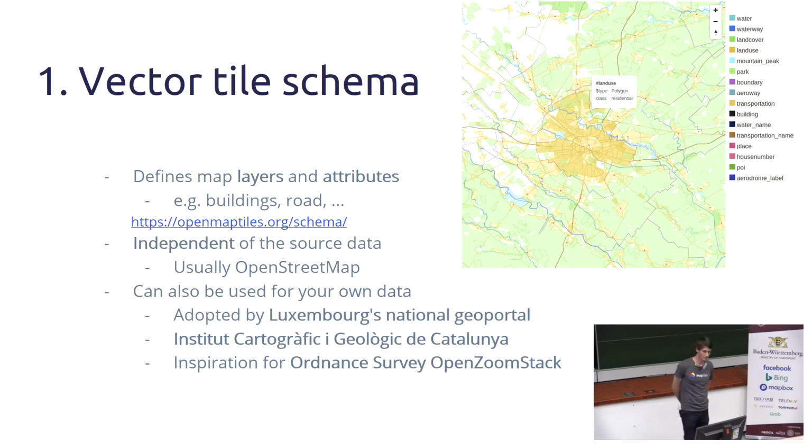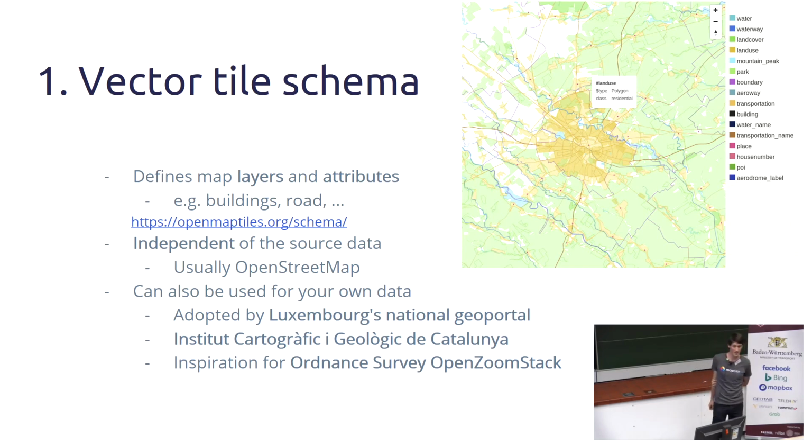How is it made? First, there is this vector tile schema, which defines the layers and attributes. And this can be used with any kind of data. What we use most of the time is OpenStreetMap. However, for our own usage, we also mix it with other data. So for zoom level 0 till 4 or 5, we use Natural Earth because it looks much better on those zoom levels.